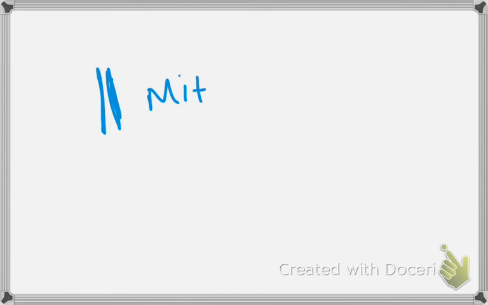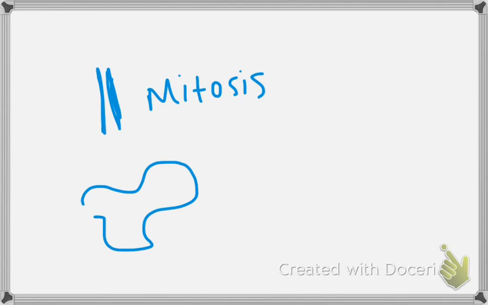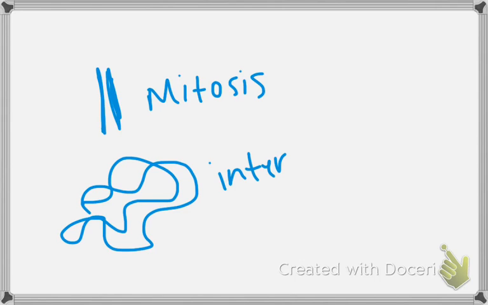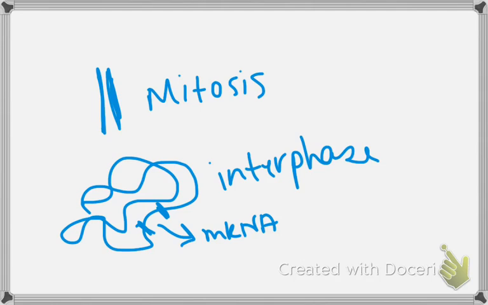This is what happens in mitosis. They're nice and compacted because you want to be able to move them around easily for cell division. But if you're in interphase, like in G1, you can pick out a segment of DNA that you want to transcribe into mRNA, and it's okay because it's nice and loose.